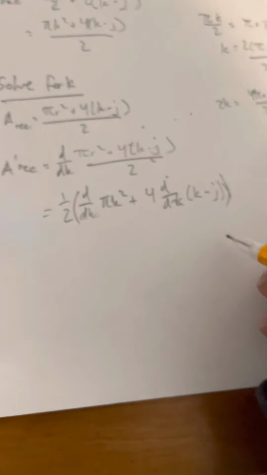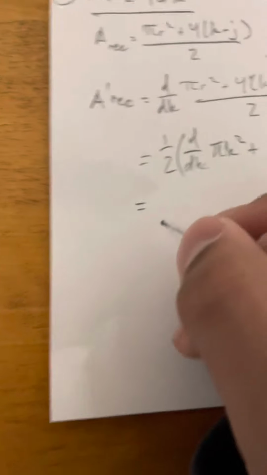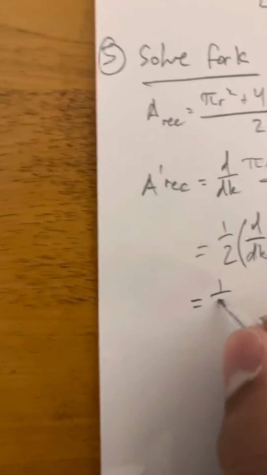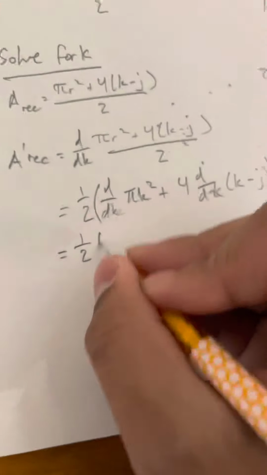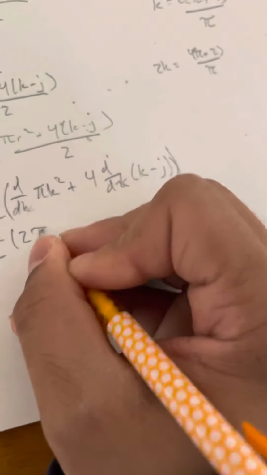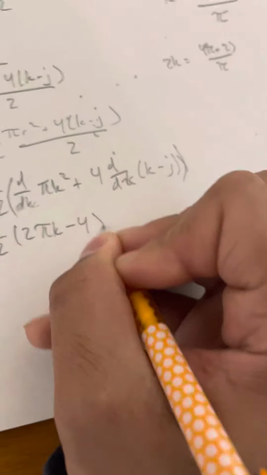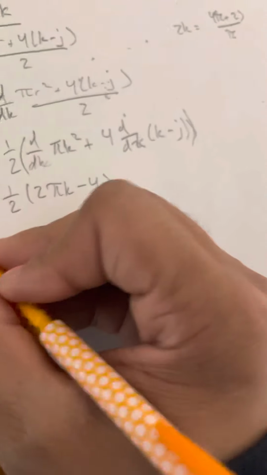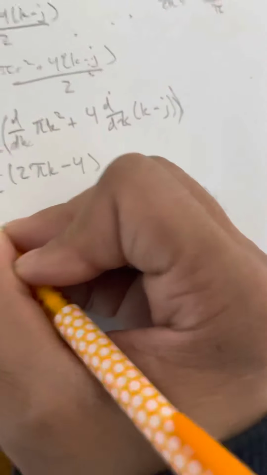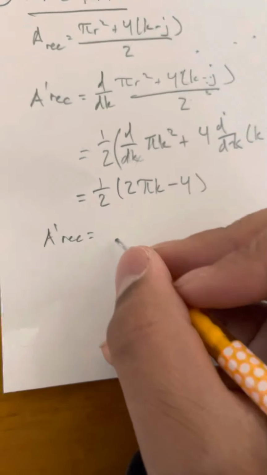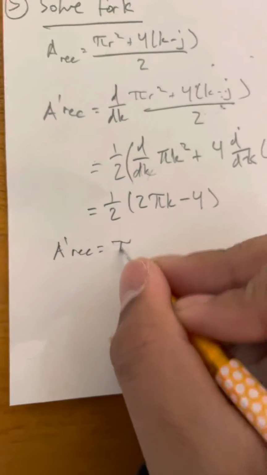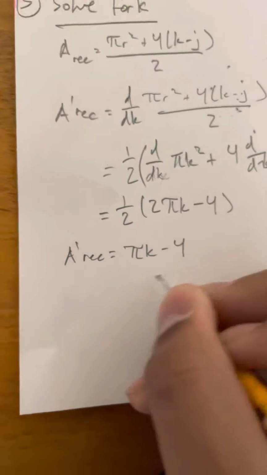Okay, so here's that. Simplifying and solving would give us 2 pi k minus 4. And then if we simplify even further, the derivative is equal to pi k minus 2.